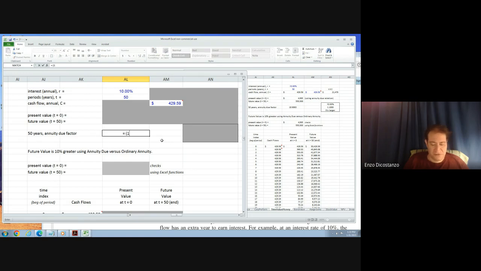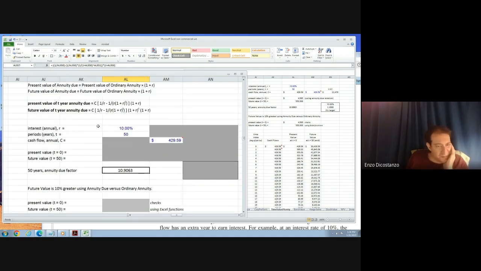Equals parenthesis 1 divided by 10% minus parenthesis, 50 years, and then multiply 1 plus that extra period. Yeah, there. That's the factor. So that's the value today of a dollar a year for 50 years at 10%.